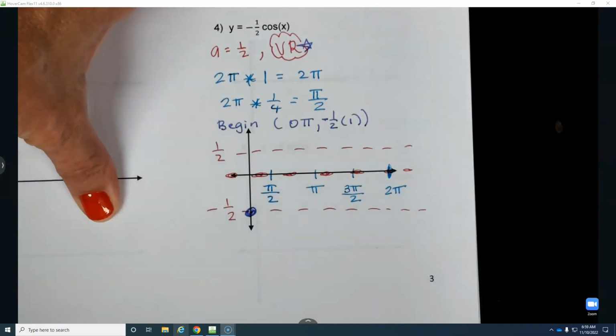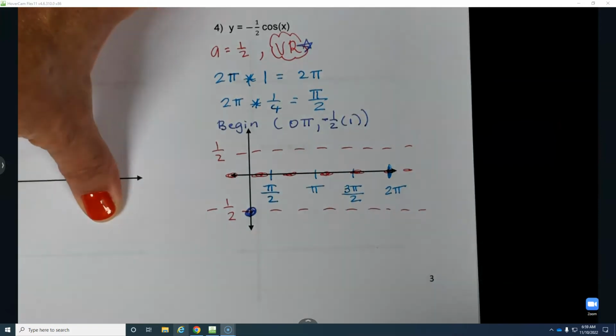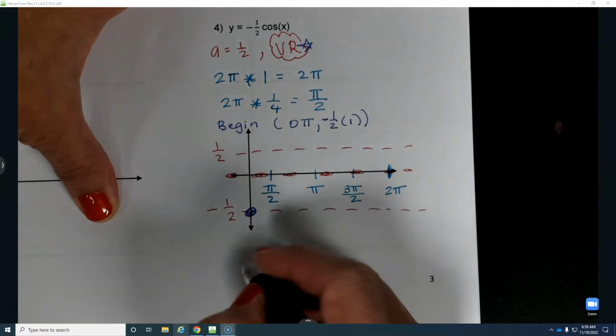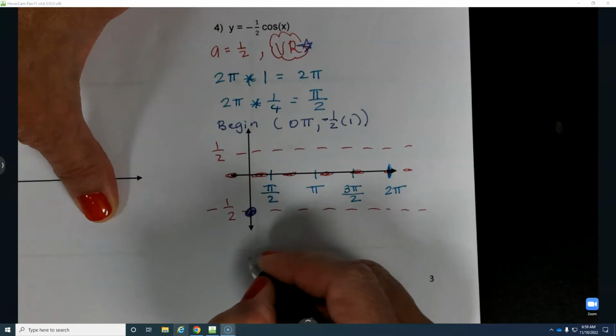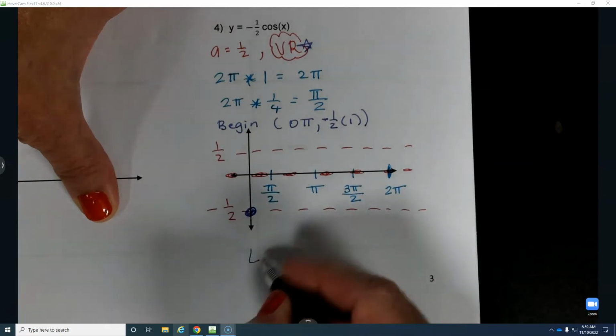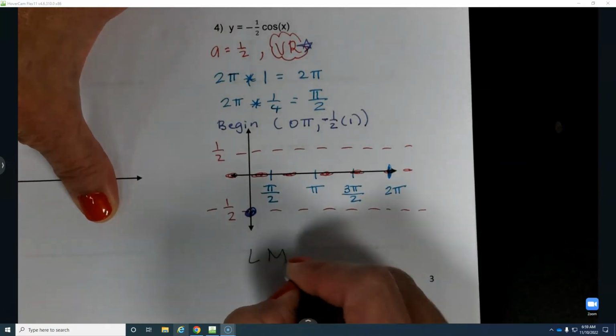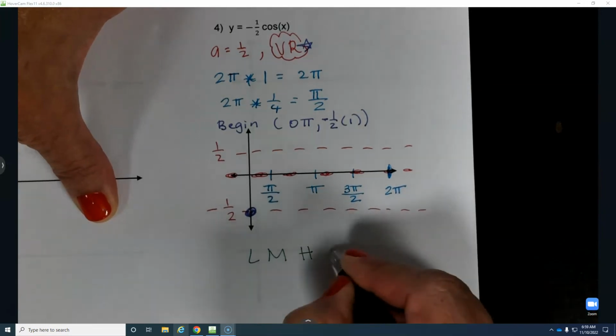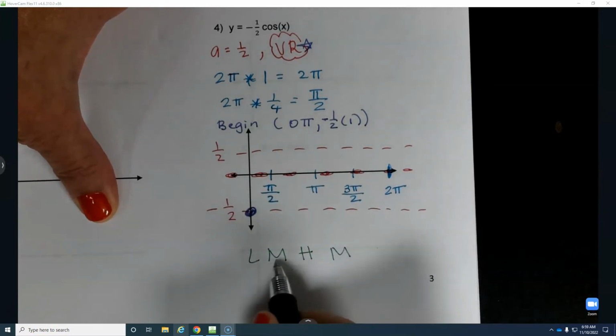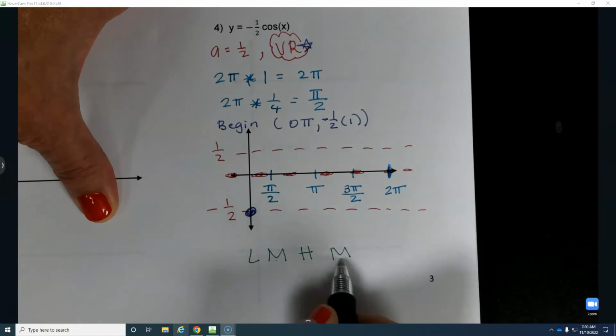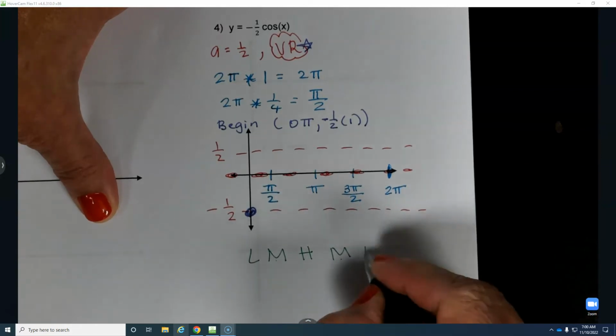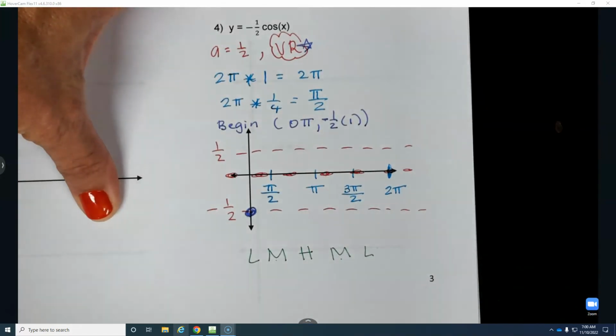All right, so let's go ahead and graph this thing. So now it's time to graph our increments. Look, I started here low. So if I started here low, this time I go mid, then I go high, then I go back to mid. Let's see, that's 1 increment, 2 increments, 3 increments. I need 1 more increment, so we're going to go back to low.